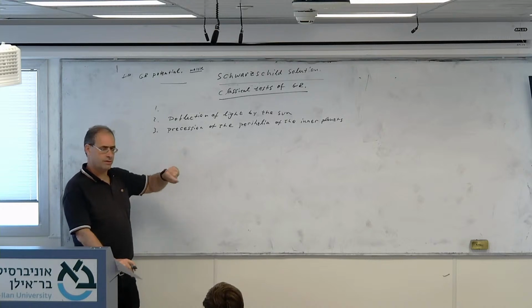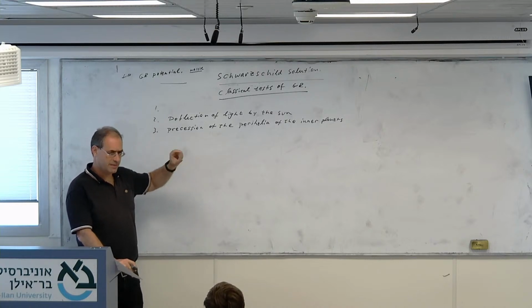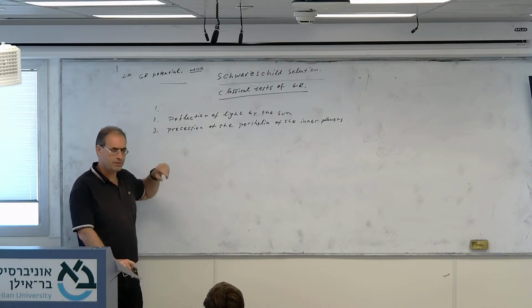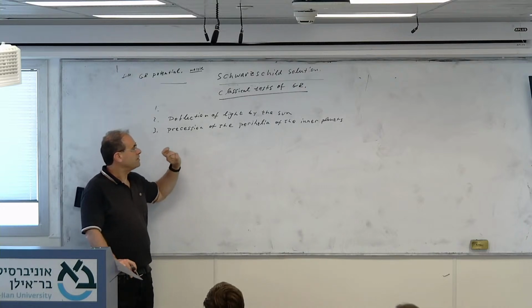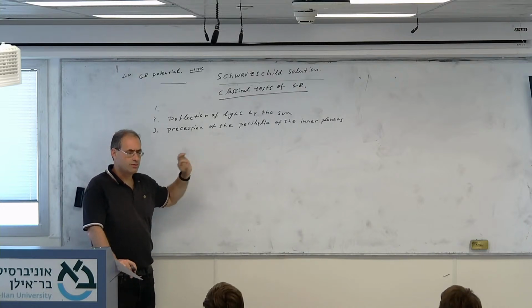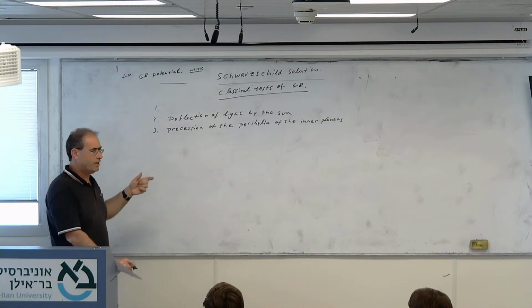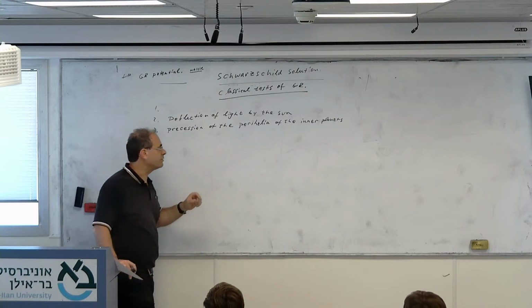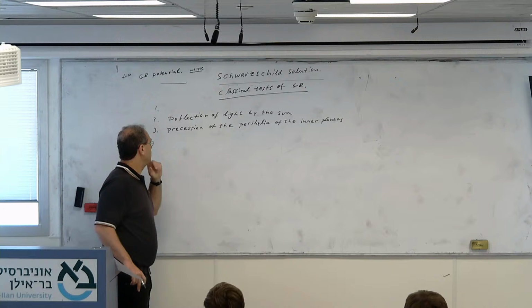All the planets are going in slight ellipses, known as Kepler's laws, and the perihelion is the point where the planet is closest to the sun.